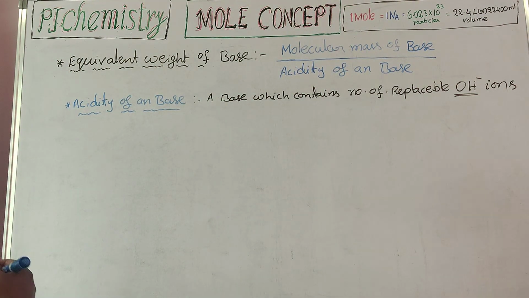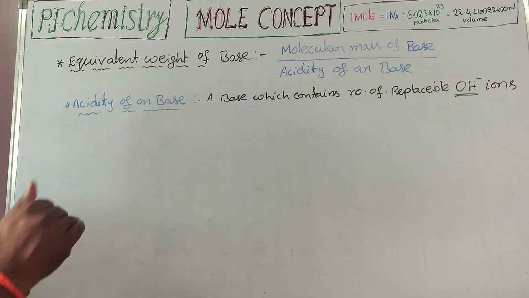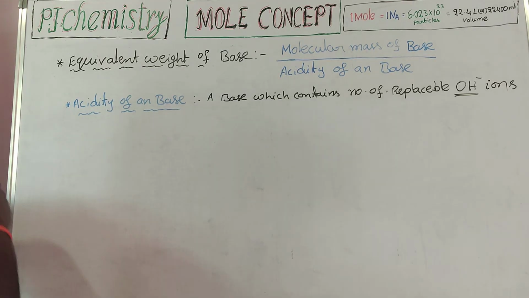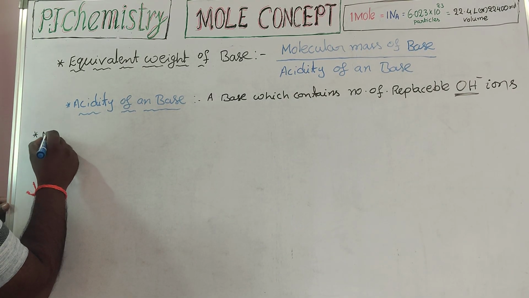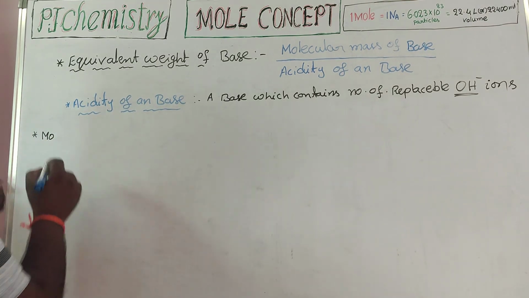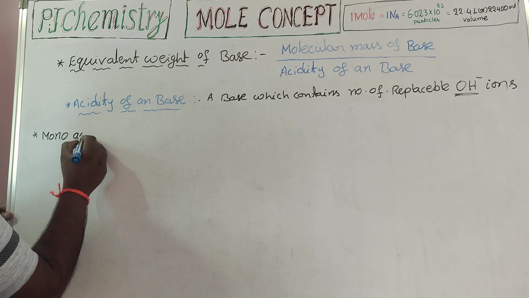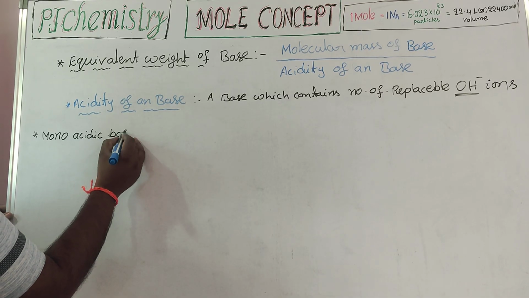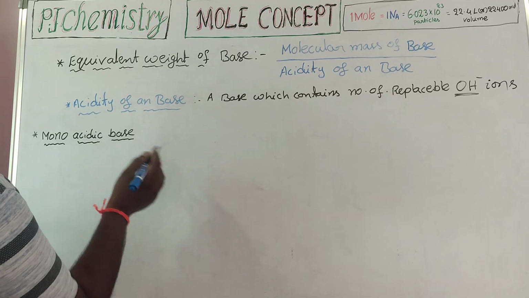Now see here, for the acidity of base there are also classifications: monoacidic base, diacidic base, triacidic base. We will take examples. I am not giving all examples, only the important ones. Monoacidic base: just by seeing the formula we can say directly, not like acid structures.